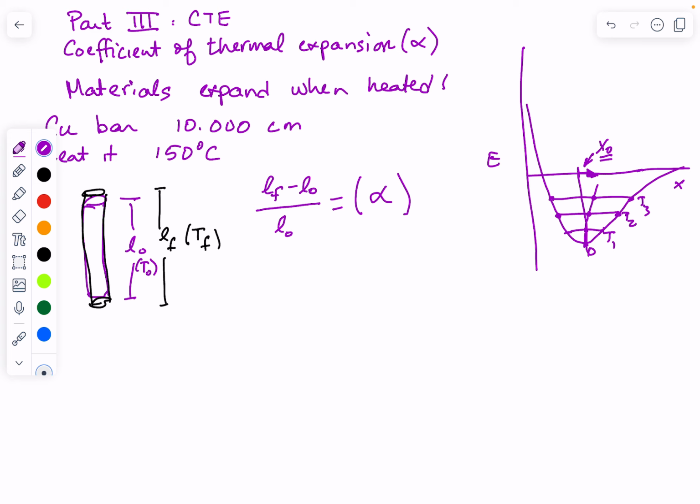And then the last piece of the equation we would need is that it would be related to the change in temperature. All right, I'm going to rewrite this as a change in length divided by an original length is going to equal a coefficient of thermal expansion times a change in temperature. It's kind of easier for me to think about that way.